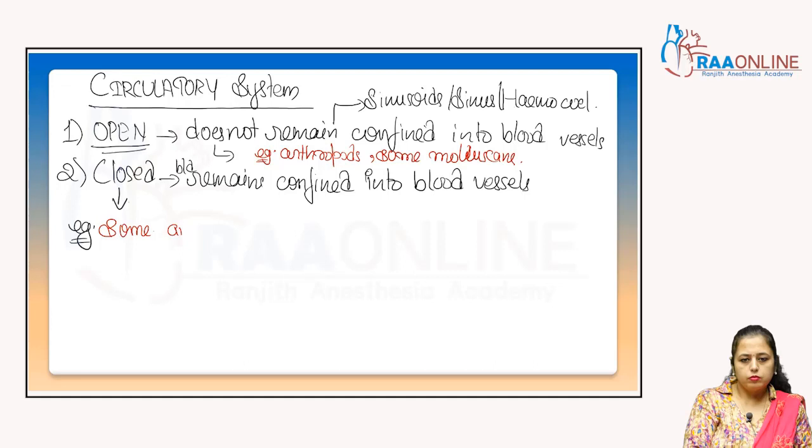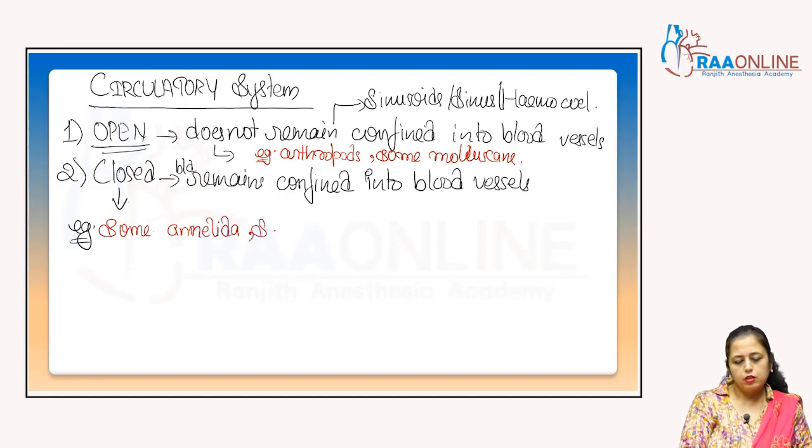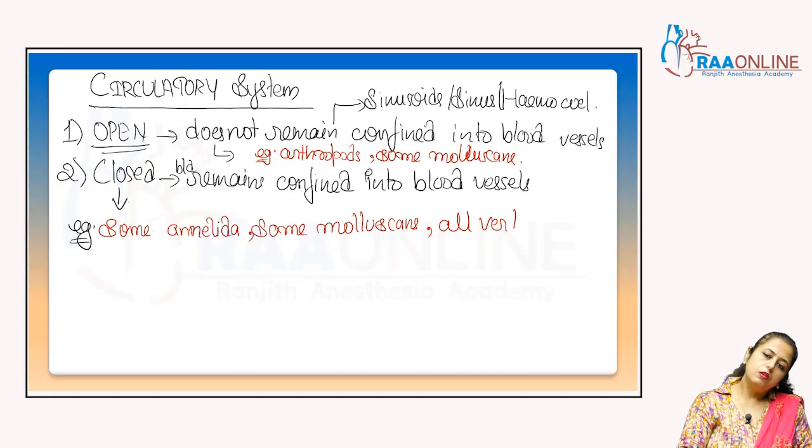In the case of the closed circulatory system, some annelids. The closed circulatory system starts from the phylum Annelida, right? Some annelids, some molluscans such as the giant squid, and all the vertebrates, right?